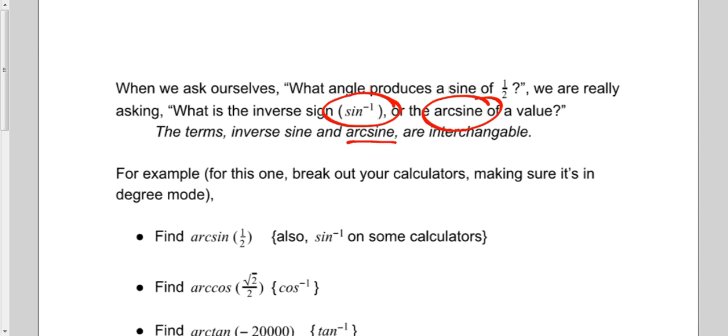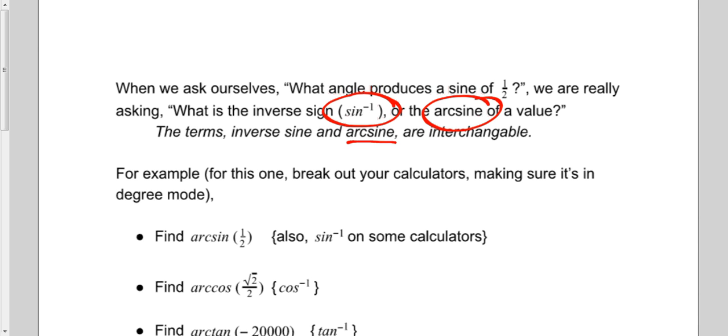Now, for this one, I want you on calculators and I want you in degree mode. So make sure your calculators are in degree mode. That way you're not inputting radian values. This is important. Right now, you're in degree mode right there.